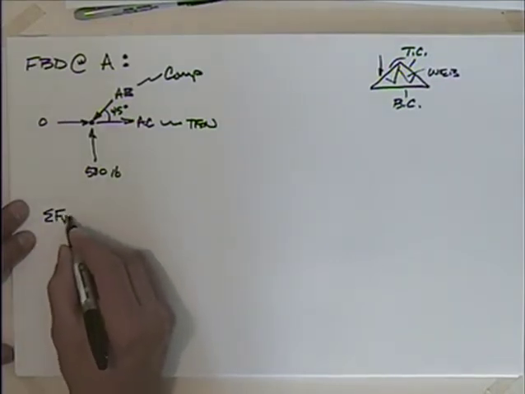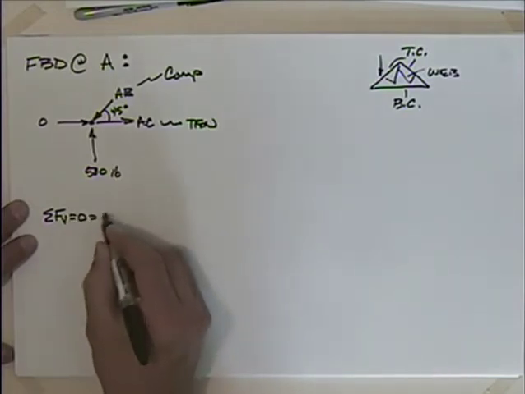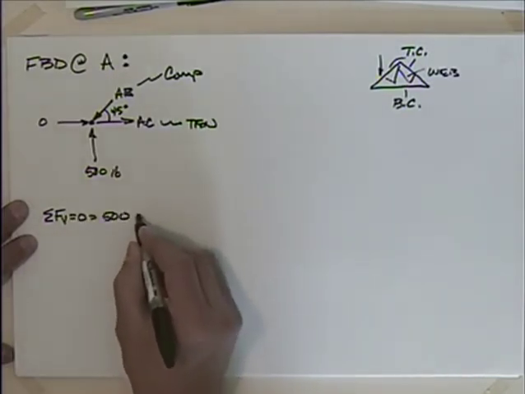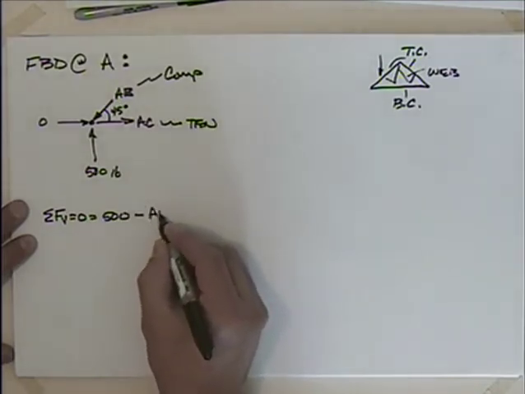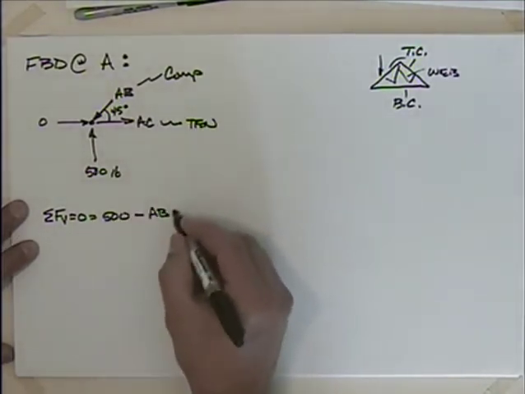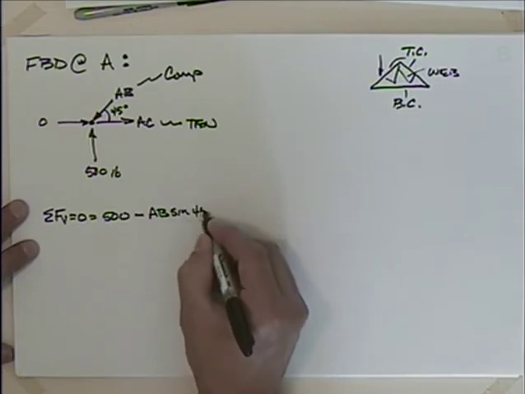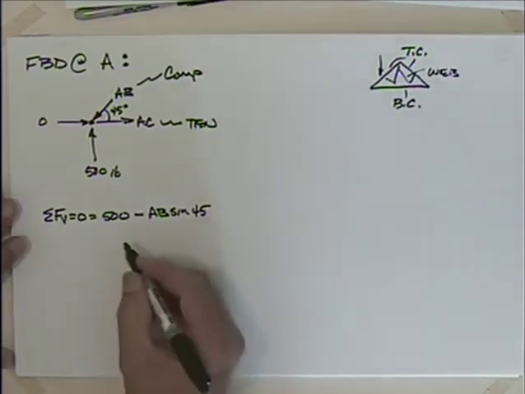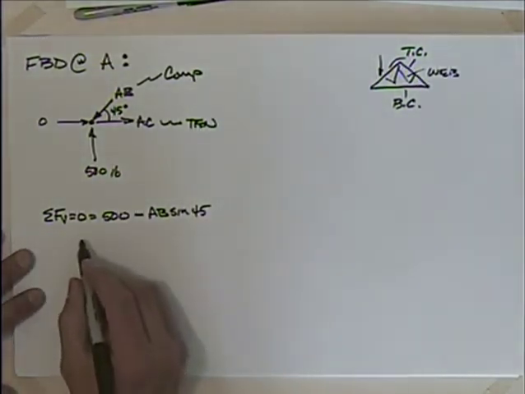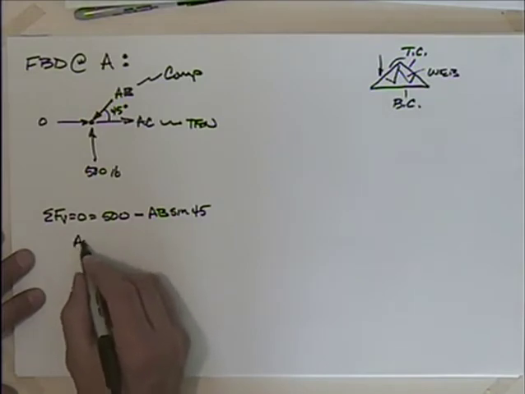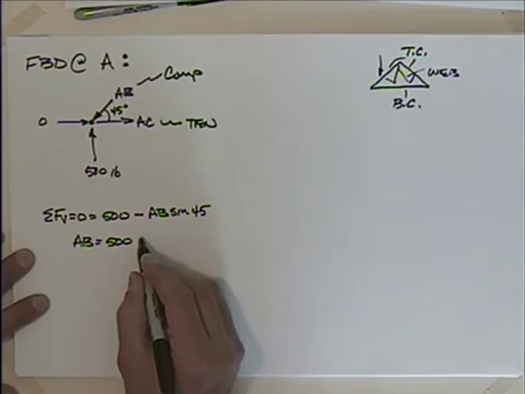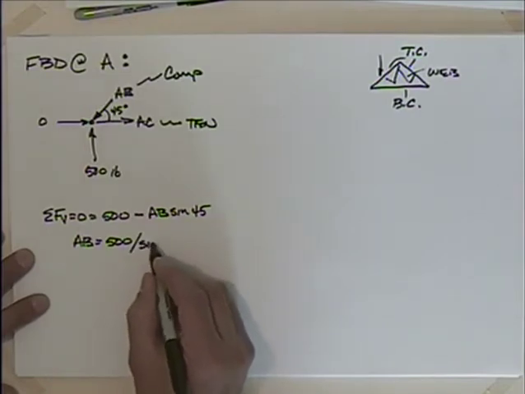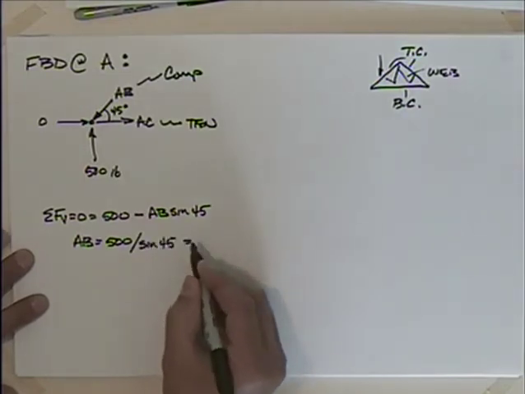Sum of the forces in the vertical direction, setting that equal to 0, what do I have? I have 500 minus, does this have a vertical piece? Yes, minus AB times the sine of 45, root 2 over 2 if you'd rather. So we could say then that AB is equal to 500 divided by sine 45.